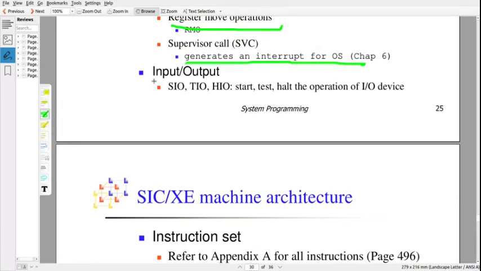Then what are the input output related operations? Apart from the 3 instructions which are available in SIC, SIC/XE has 3 more instructions called SIO, TIO and HIO. SIO, TIO and HIO represent start, test and halt of the IO devices.